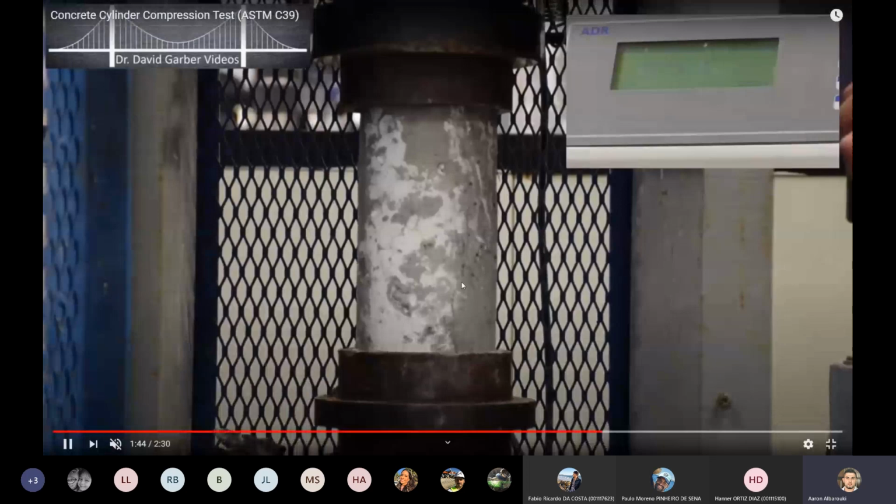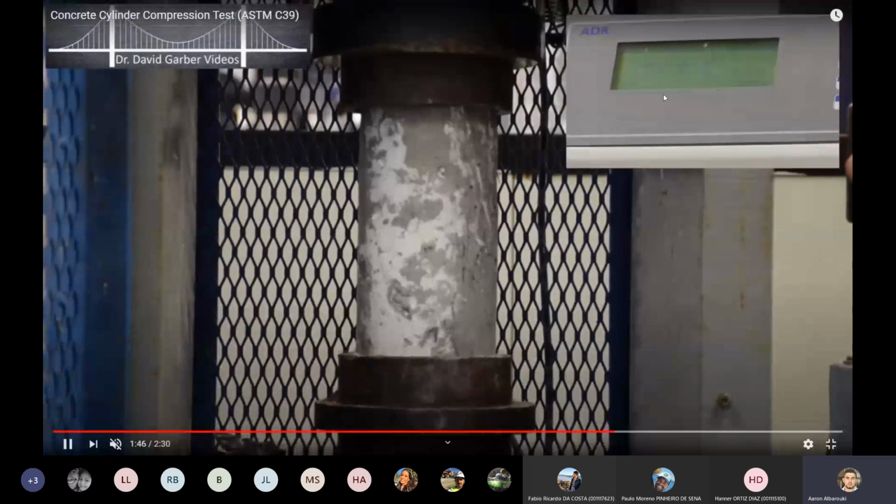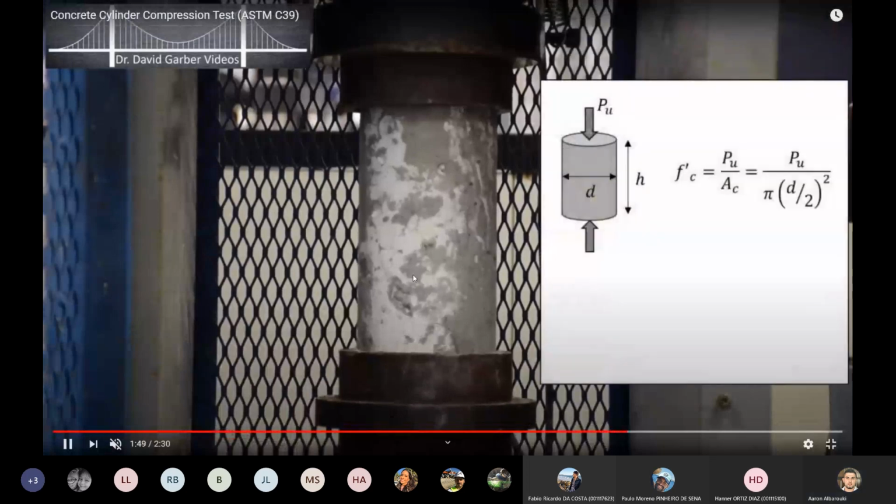Let's start failing. And the force stops recording here because there's no resistance anymore. And that will give us the maximum stress this type of concrete can take, for example. Okay?